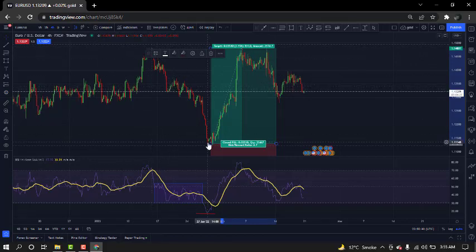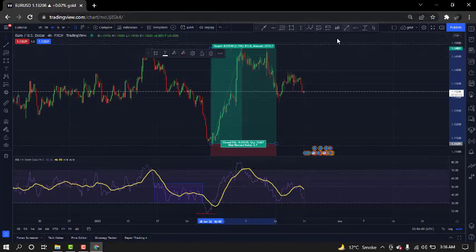This is a correction, and after that correction you can see it rise again and gain again. If we take any position here, how much can we earn, it's up to you, it's up to your portfolio, but it's a highly profitable trade.